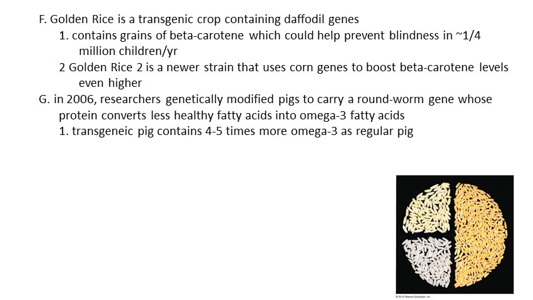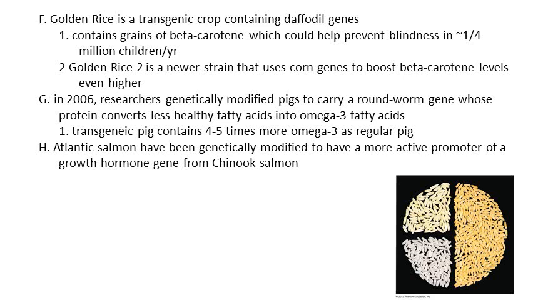And so the transgenic pig contains 4 to 5 times more omega-3 than a regular pig. They've done this with salmon as well. They've modified salmon to have a more active promoter of a growth hormone gene from Chinook salmon. And so that way they'll mature in less than half the time.